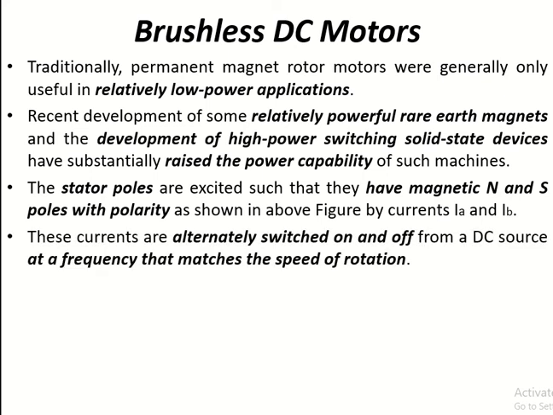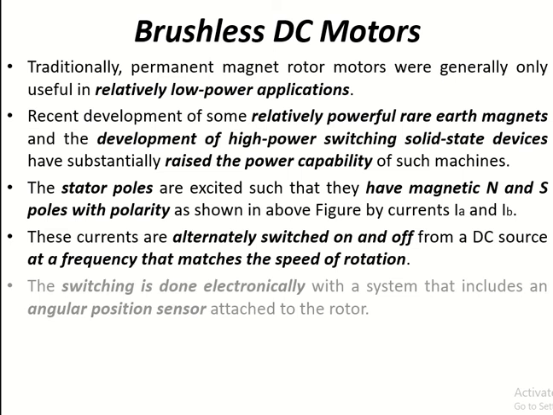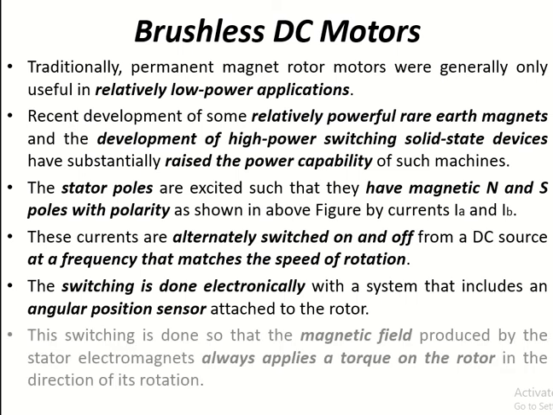These currents are alternately switched on and off from a DC source at a frequency that matches the speed of rotation. The switching is done electronically with a system that includes an angular position sensor attached to the rotor. This switching is done so that the magnetic field produced by the stator electromagnet always applies a torque on the rotor in the direction of its rotation.